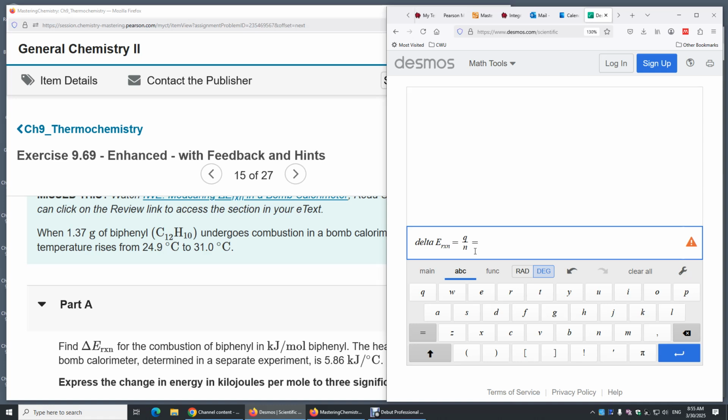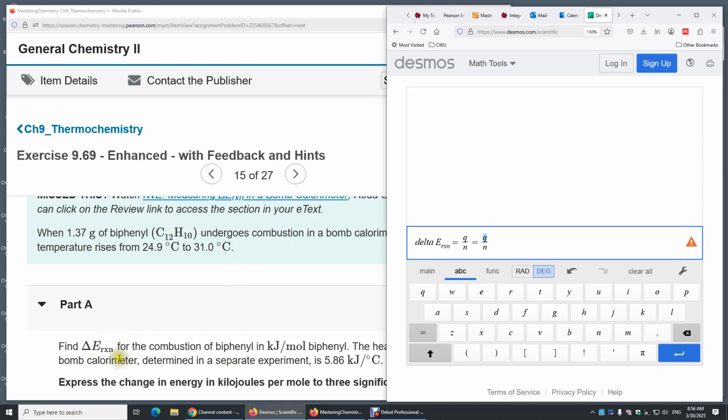First, let's compute Q. Q is negative for biphenyl because this biphenyl undergoes combustion and releases heat. So this is a negative number. We do have this bomb calorimeter absorbing heat.